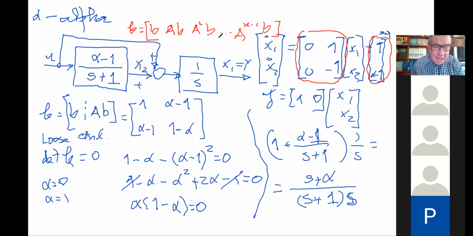In MATLAB, there is a function that allows you to compute the observability matrix. If you give me one moment, I will tell you which one. Because sometimes you need it in practice.